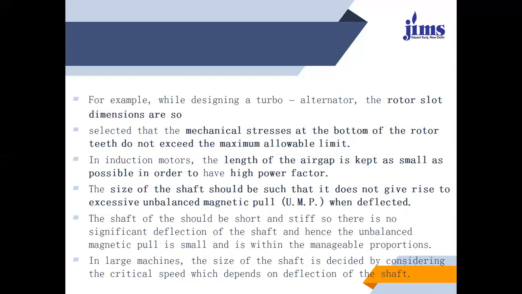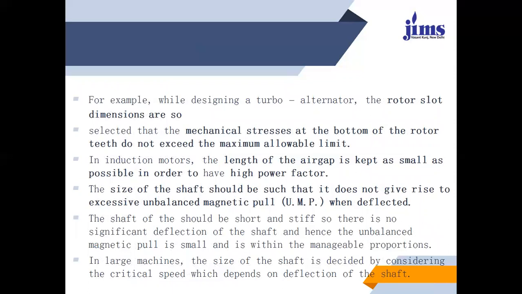In induction motors, the length of the air gap is kept as small as possible in order to have a high power factor of the machine. The size of the shaft should be such that it does not give rise to excessive unbalanced magnetic pull when deflected.